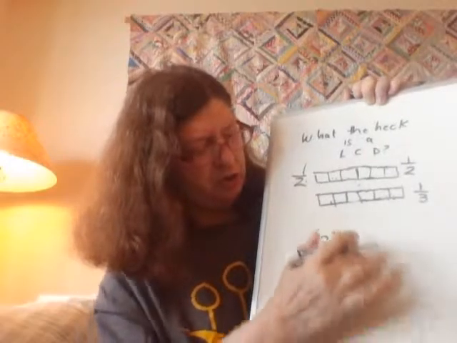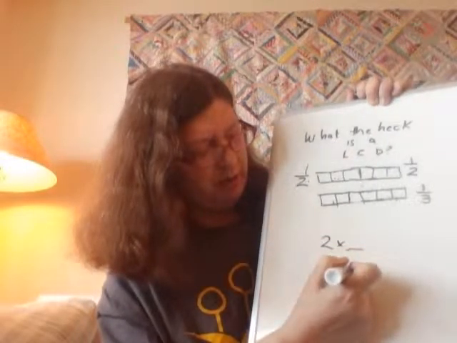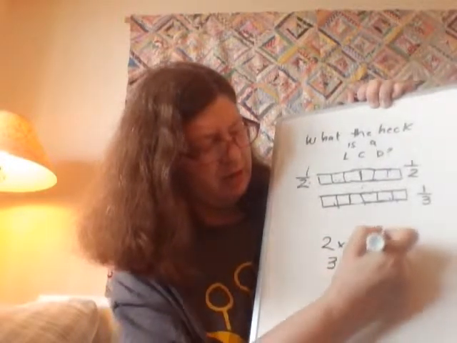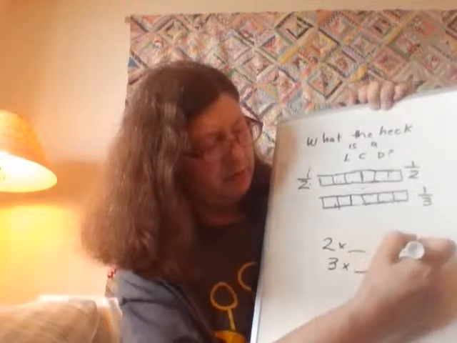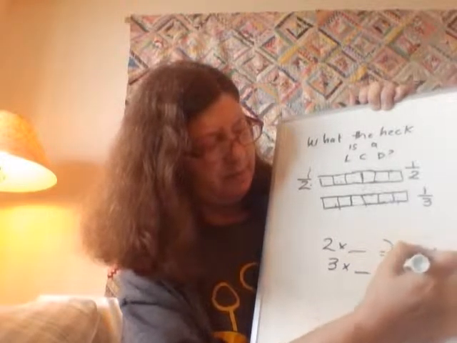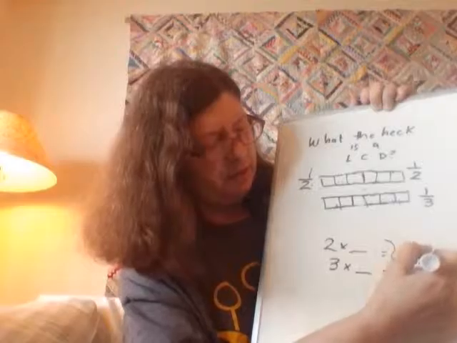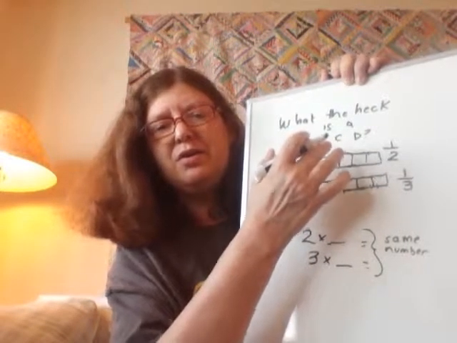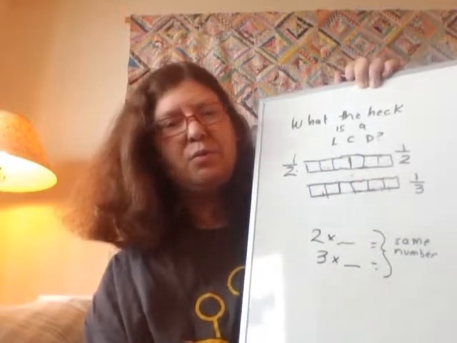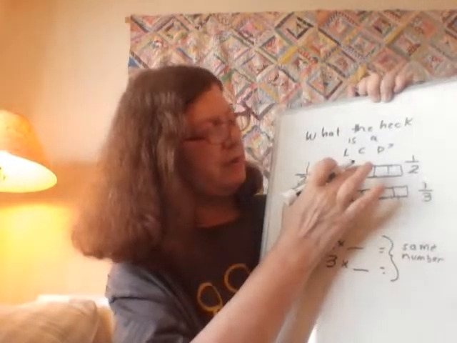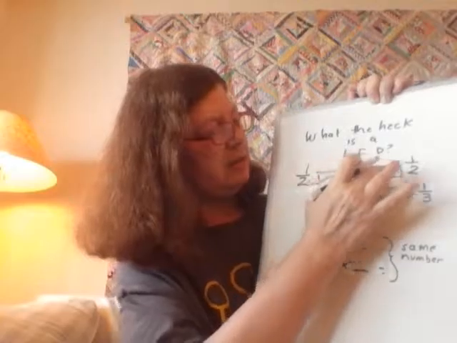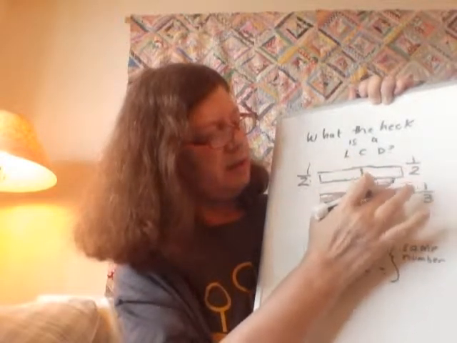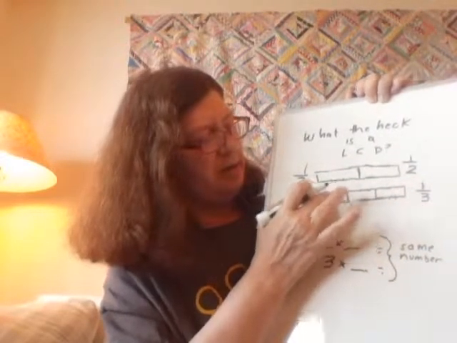So we know 2 times something and 3 times something is the same number, because we're looking for the same number of boxes in both so we can add them, right? So let's go back to halves and thirds again.